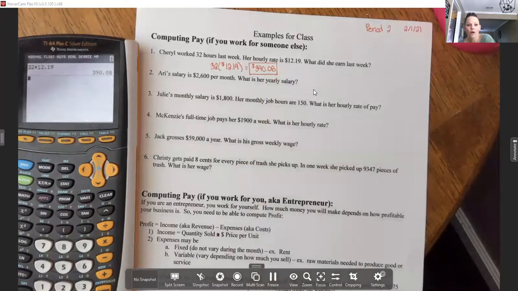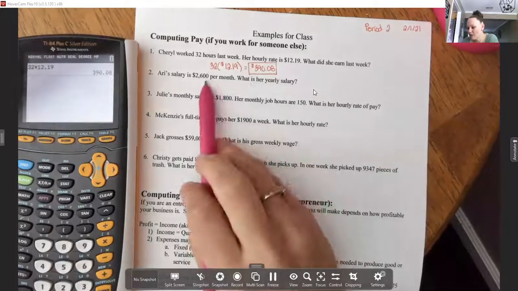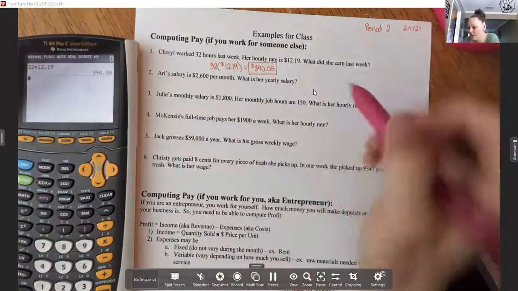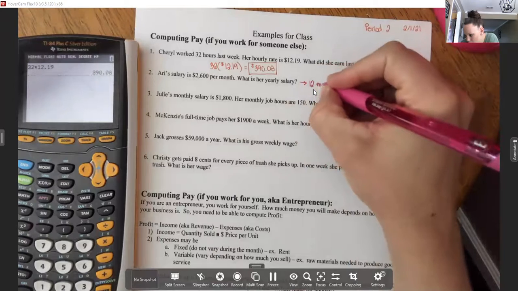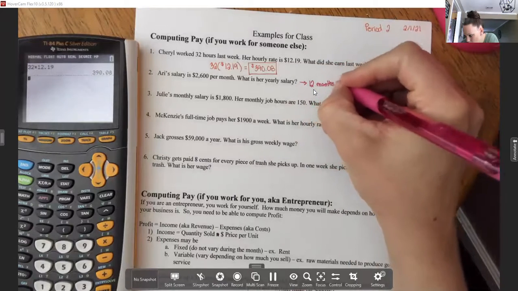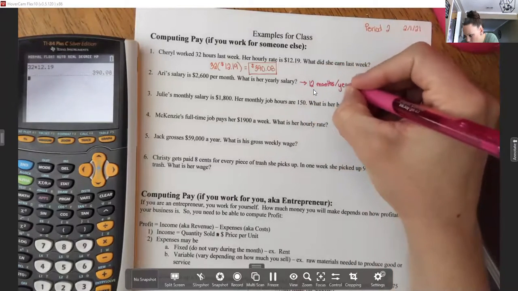All right, number 2, Ari's salary is $2,600 per month. What is her yearly salary? So if this is per month and we want yearly salary, what we have to remember here is that there are 12 months per year.